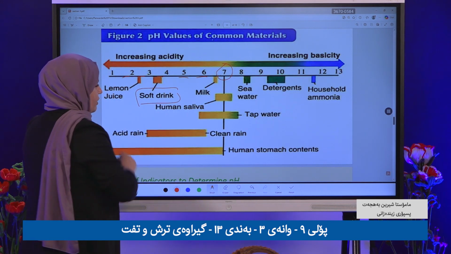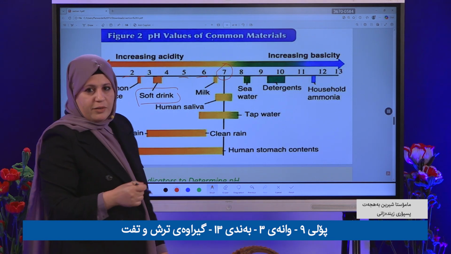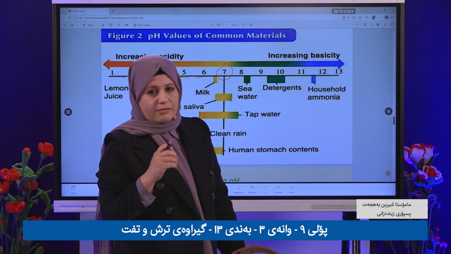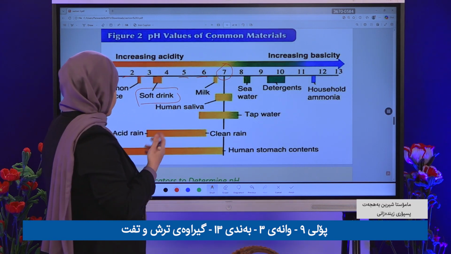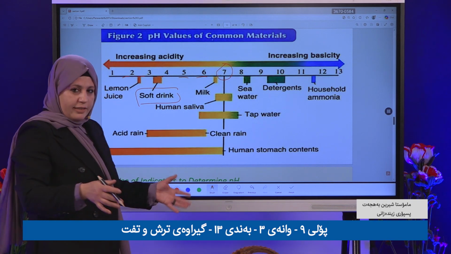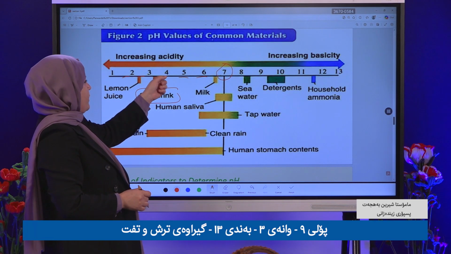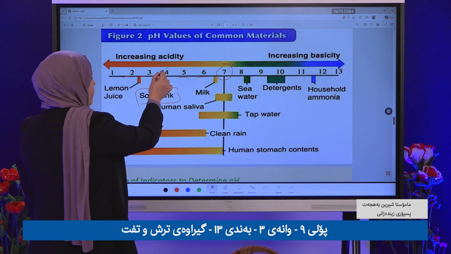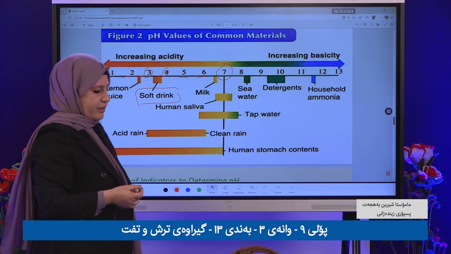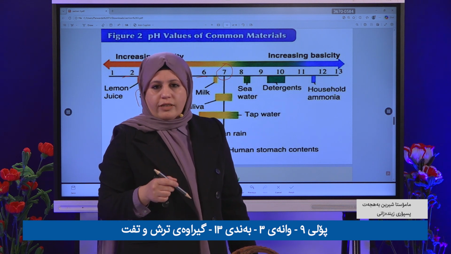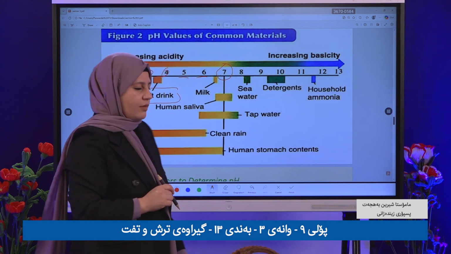For example, we have soft drinks. That soft drink which you take maybe every day. So be careful. Don't take it every day. It is bad for your health, especially for your teeth and bones. Clear? So soft drink has a pH between 4 and 3. Is that a weak base? Sorry, weak acid or strong acid? It is a weak acid. Okay?